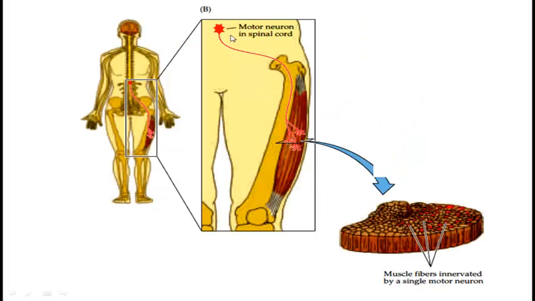Again, this is the motor neuron in the spinal cord, its axon, and now the terminals which supply a group of muscle fibers. These muscle fibers are innervated by a single motor neuron. So these fibers together with the motor neuron that supplies them form what is called a motor unit.